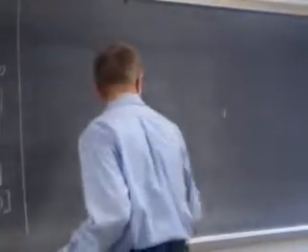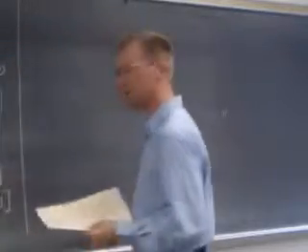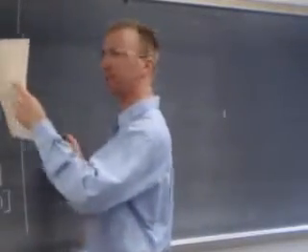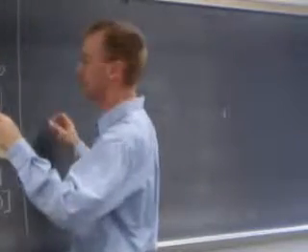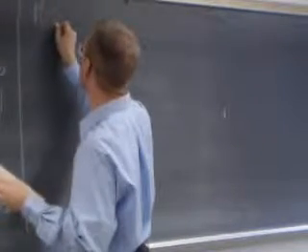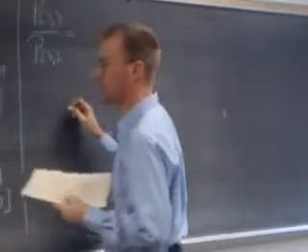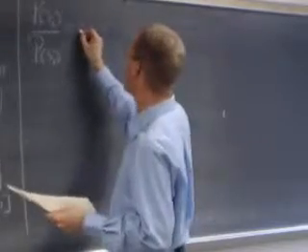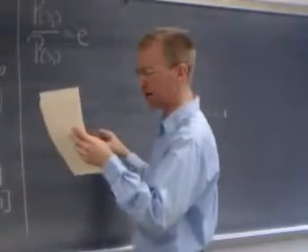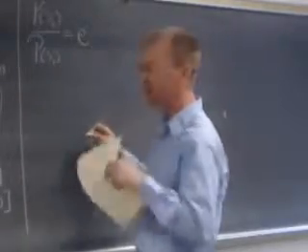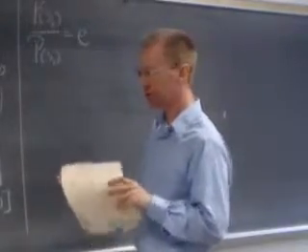I'll put this together now. So I've got that exponent, e, it had been raised to delta S sub r over k.